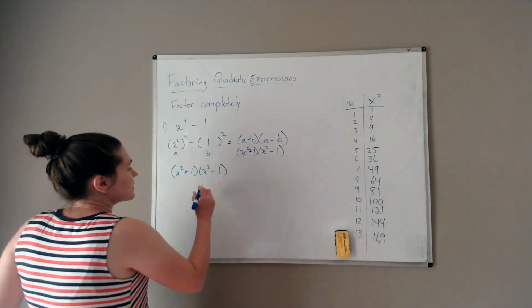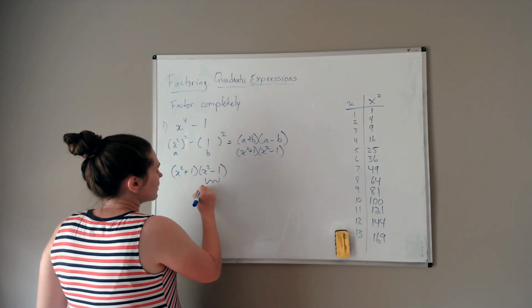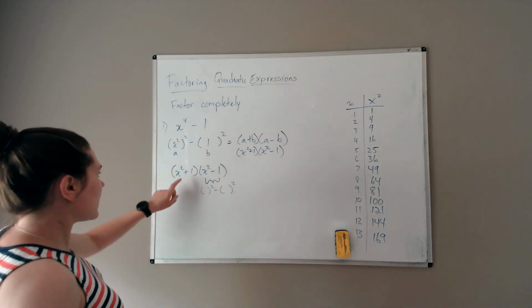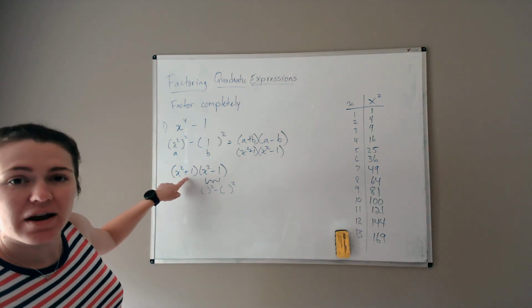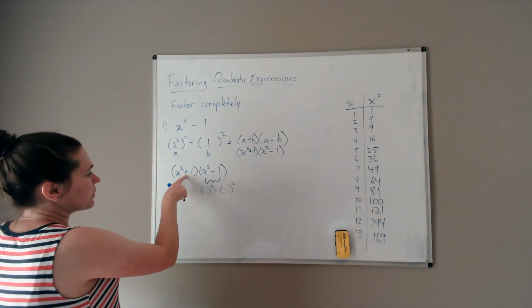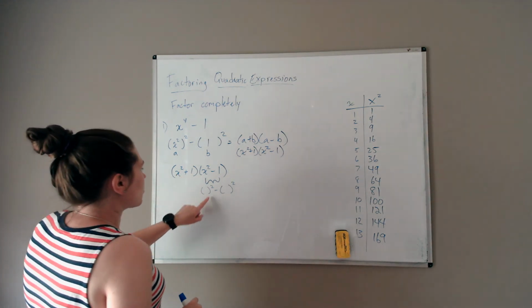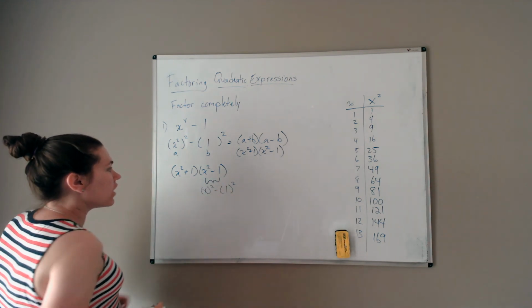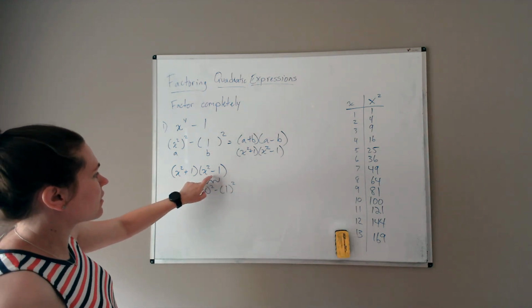But this could potentially be difference of squares if I can write this as something squared minus something squared. This can't be written as something squared minus something squared with real numbers because there's a plus sign there. Okay? So what squared is x squared? X. What squared is 1? 1. So this is prime, but this is not.